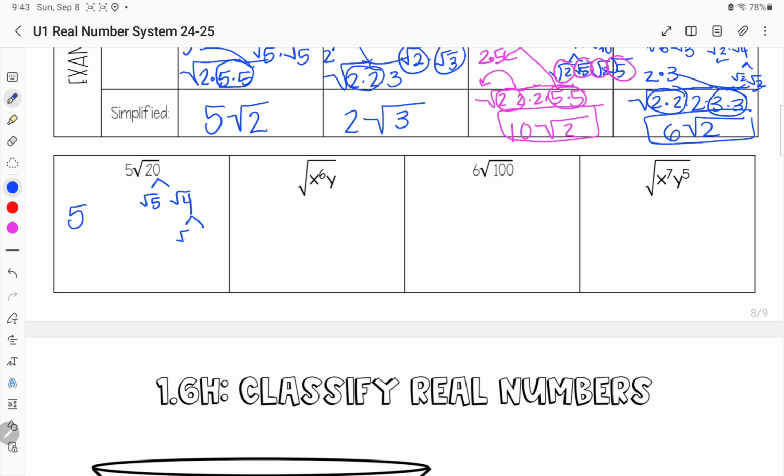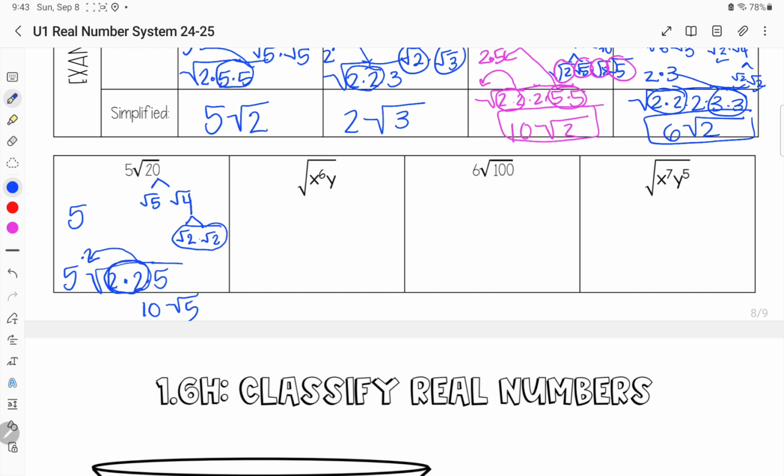This root 4 still simplifies to 2 times root 2. Well, here's a pair of 2's right here. So they should have pulled that out. So really, we have 5, and then underneath the radical, we have 2 times 5. You can see this person didn't simplify because there's another set right there that needed to come out, leaving me with 5 times 2, which was 10, radical 5.